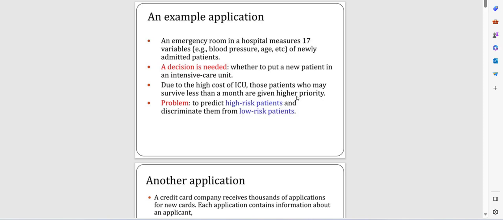Due to the high cost of ICU, those patients who may survive less than a month are given higher priority. So all those patients who are at high risk need ICU. So we have to classify the patients between the two classes, the high risk patients and the low risk patients.